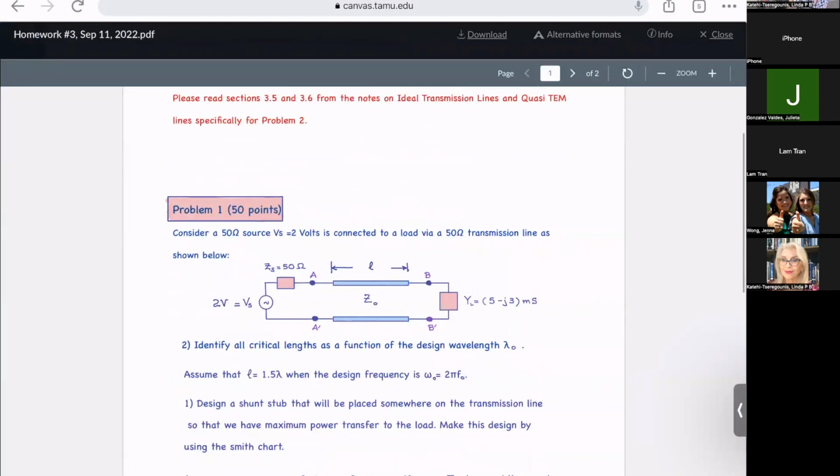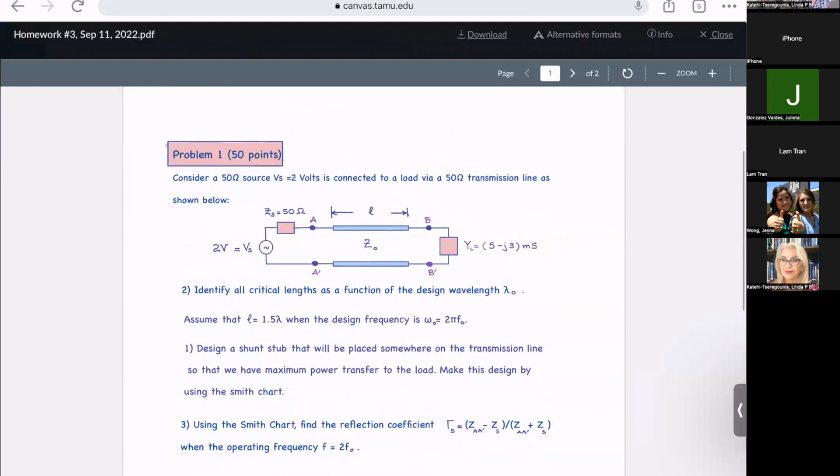Okay, so that is a section of line, and it says, consider a 50 ohm source with 2 volts internal, 50 ohm meaning the internal impedance is 50 ohms, that is connected to a 50 ohm transmission line.